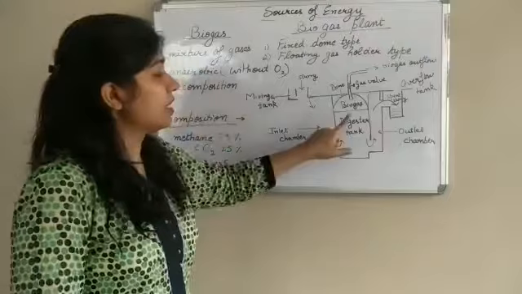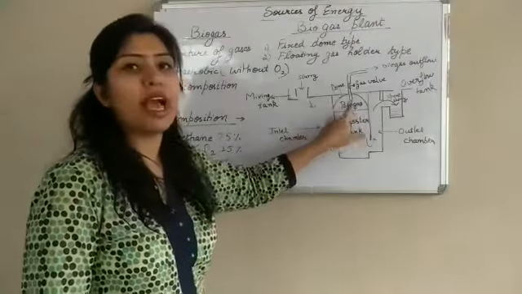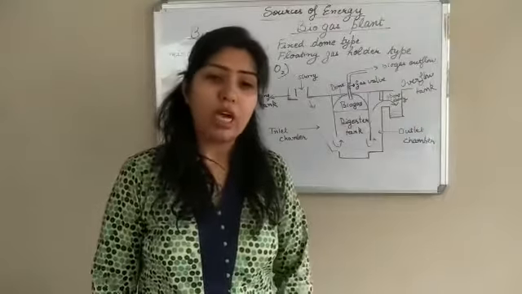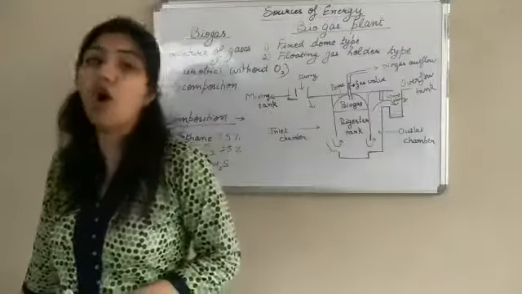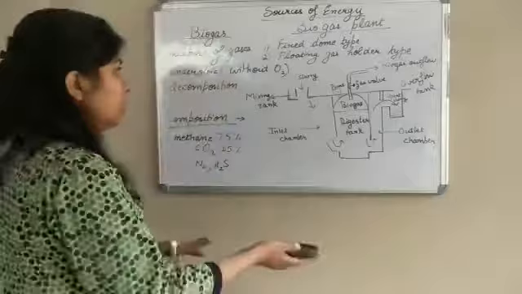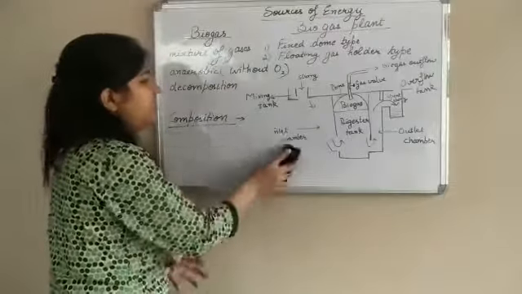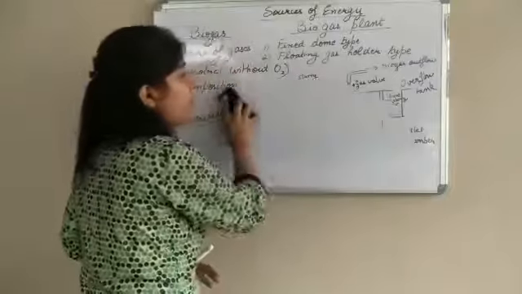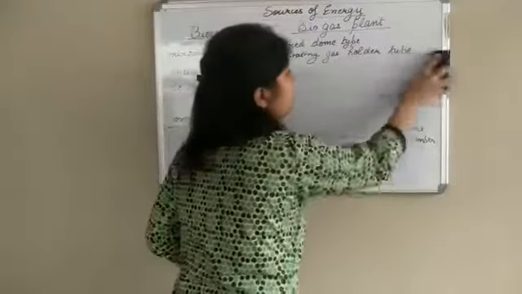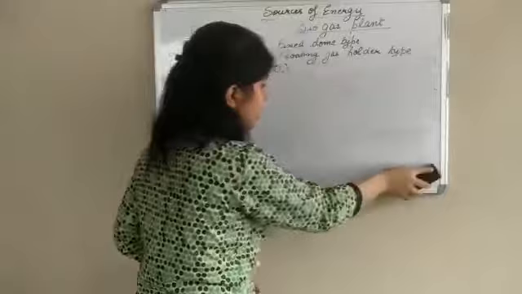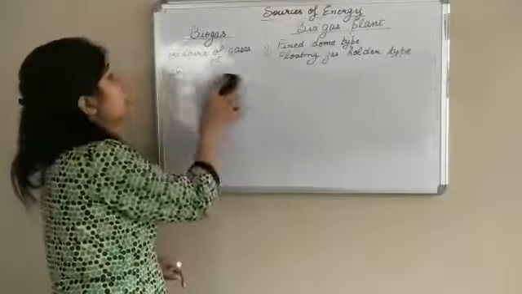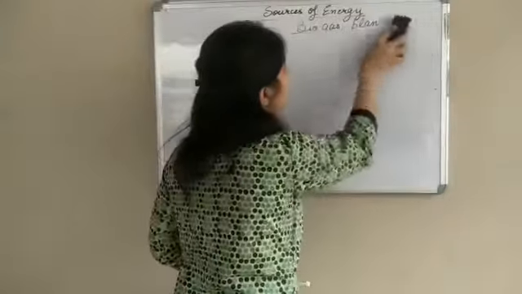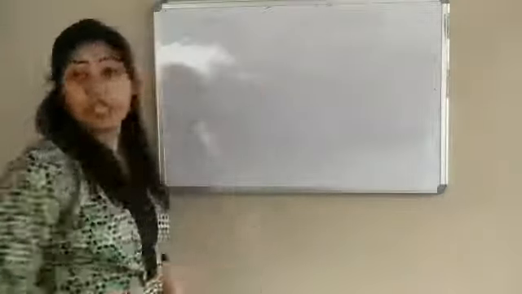This biogas is collected in the digester tank and can be used through the pipelines in our houses. Now, what are the advantages of using biogas in our daily life? Why is it called a conventional source? Again, one should know that biogas contains 75% of methane gas. Methane gas burns with almost no residue and is a very clean fuel. So, what are the advantages of this clean fuel?